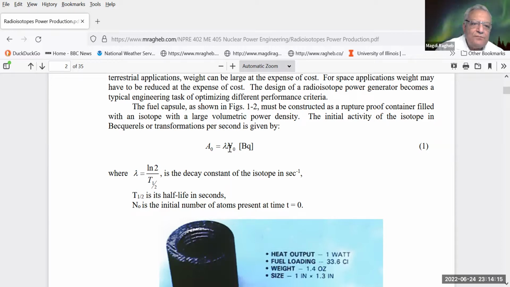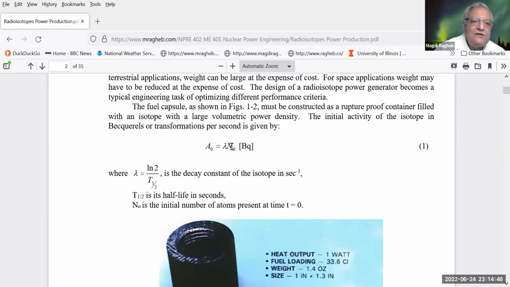And N sub 0 would be, from Avogadro's number, the initial number of atoms. If you have a certain number of grams, from Avogadro's law, you divide the number of grams, in the CGS system of units, by the molecular weight in atomic mass units. You get the number of moles, or the number of gram molecular weights, multiplied by Avogadro's number.